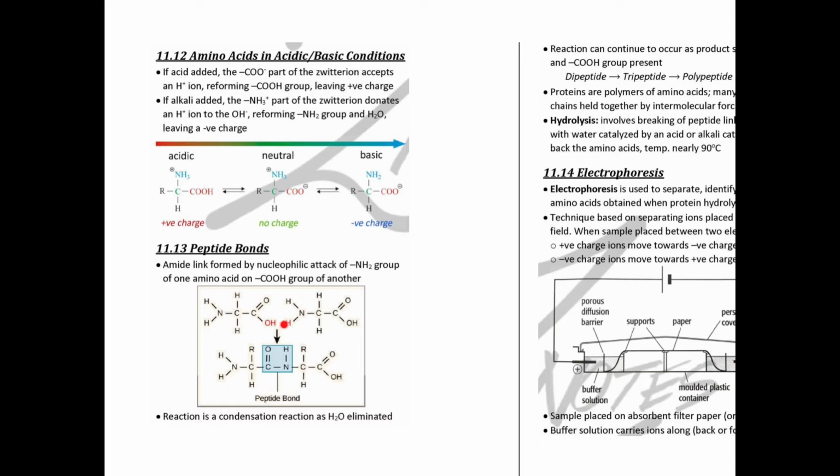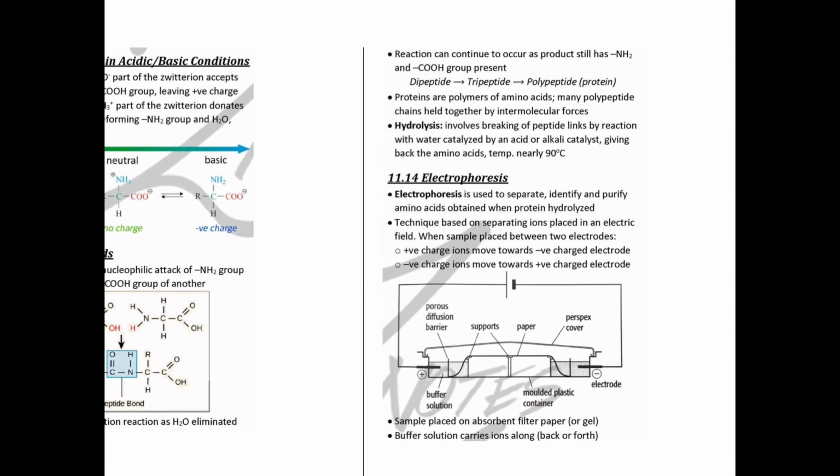So they form H2O. Take the H here and the OH here to form H2O, and then the remaining C and N join up in this way, and that is the peptide bond. Okay, now let's move on to this side.